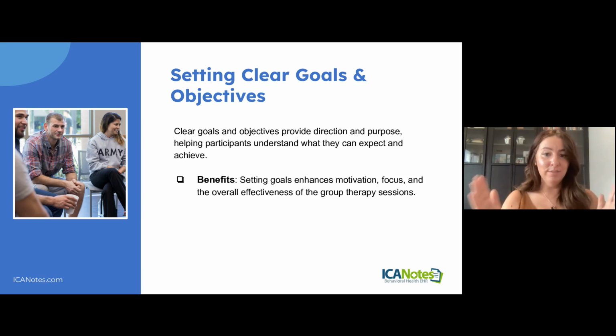What are the goals of this group, and how are we going to measure that those goals are being met? When you have these and they are clearly communicated, everybody is on the same page, and we can all go on that journey together. And so nothing feels like a surprise.